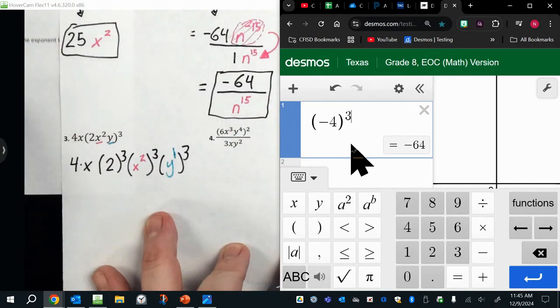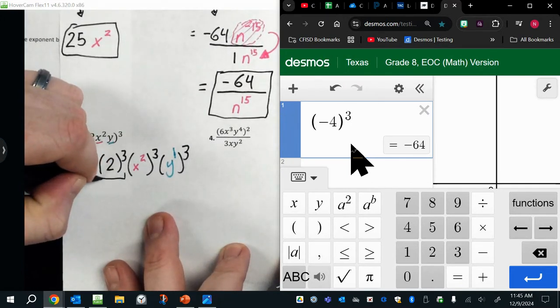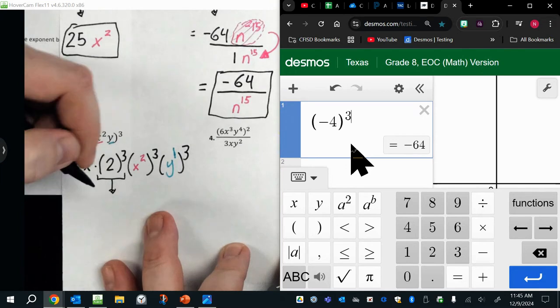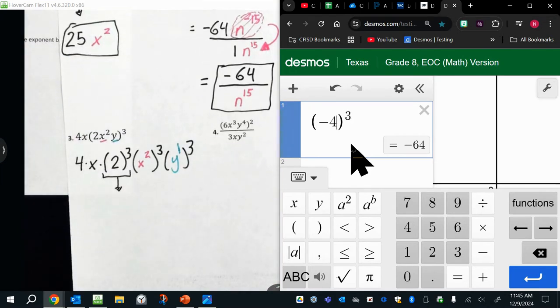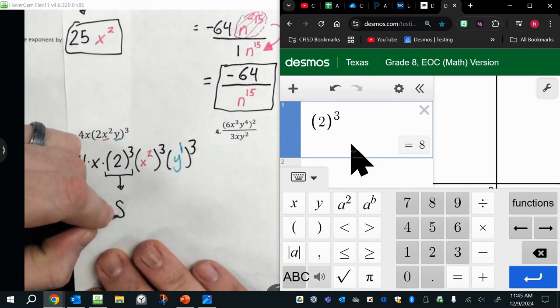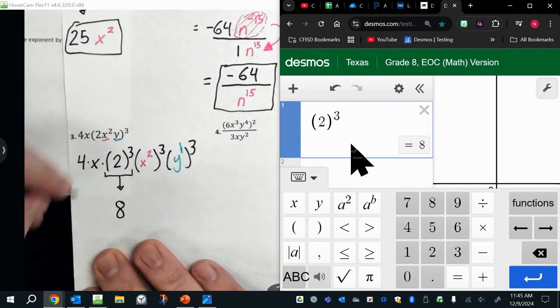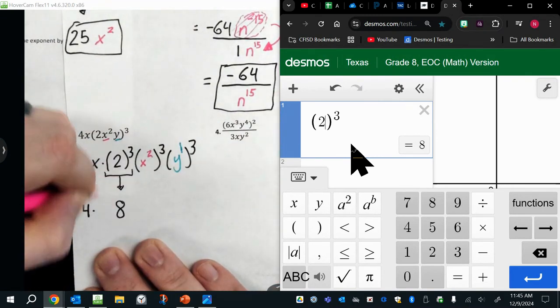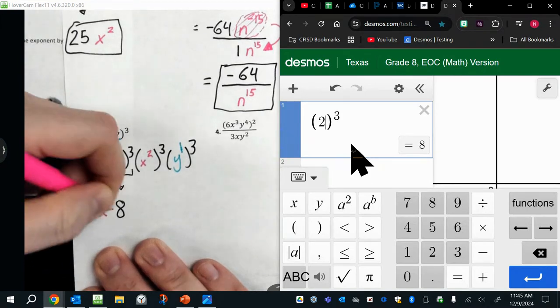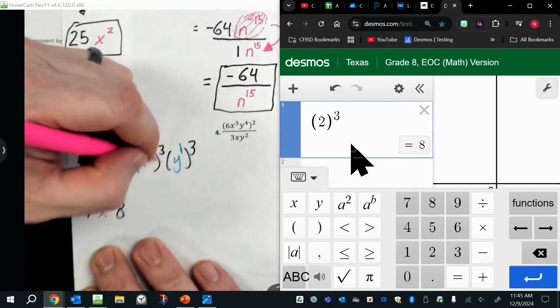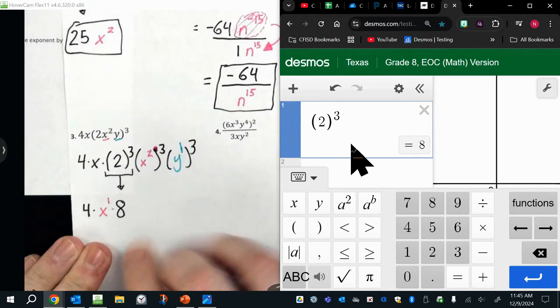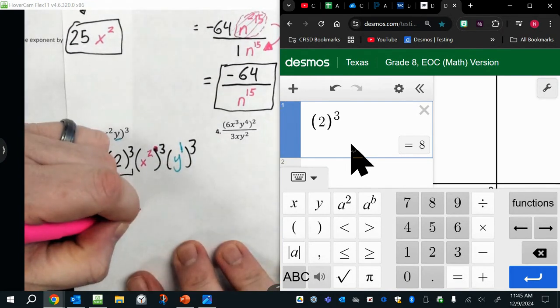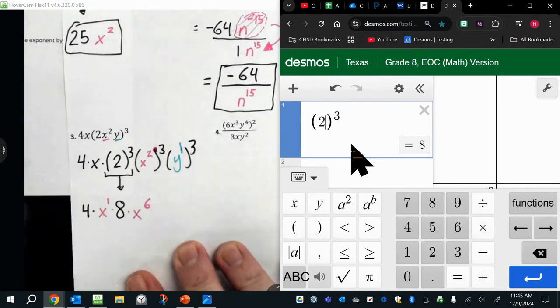So here's what we're going to do. We're multiplying all this stuff together. This right here is just calculator work. 2 to the power of 3 is 8. And then I have this 4. I'm going to bring down my x to the first power. I'm going to multiply 2 and 3, so that gives me x to the 6th power.